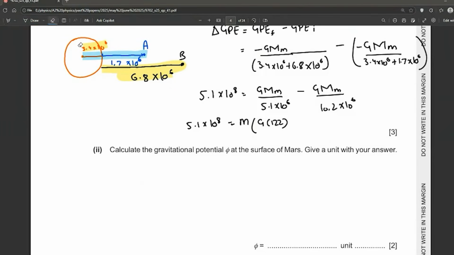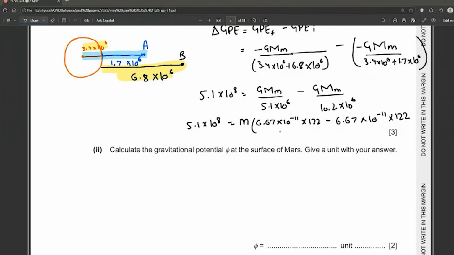And what is the value of capital G? 6.67 into 10 raised to the power of minus 11. Small m is 112. This is divided by 5.1 times 10 raised to. Just input this in the calculator like I am doing. You too also do it.